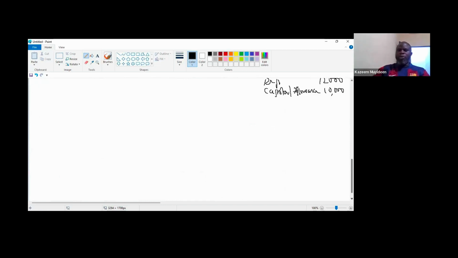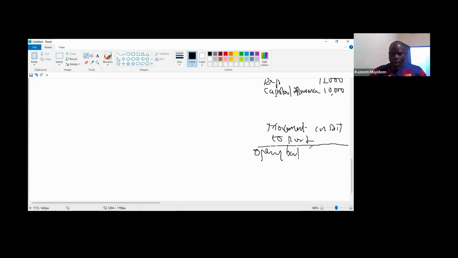So this is my working: movements in deferred tax to profit or loss. What is the opening balance? Let's go and check the opening balance in the question.